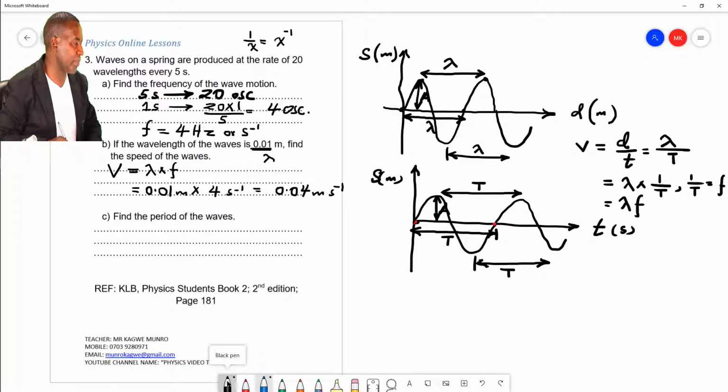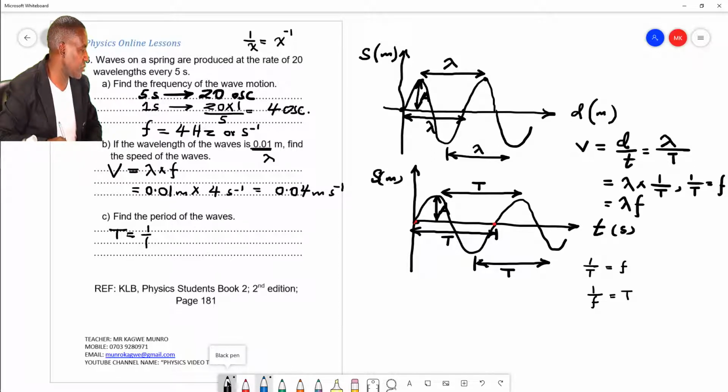Let's see how we get the periodic time. Again, looking at this, you can see periodic time is given as, if 1 over T is equal to f, then it follows, if I cross multiply, I can find that 1 over f is equal to T. And that is what I'm going to use.